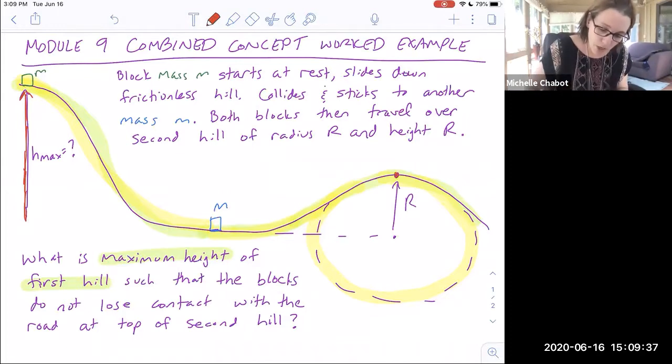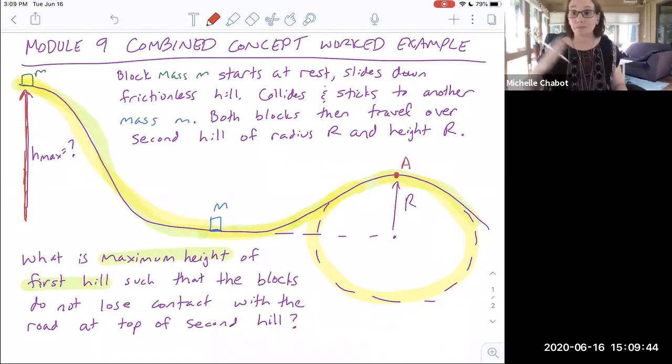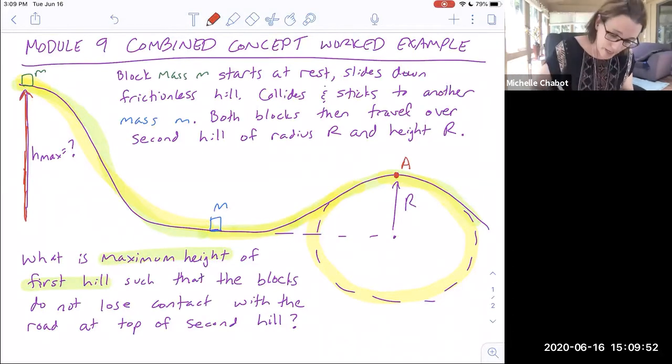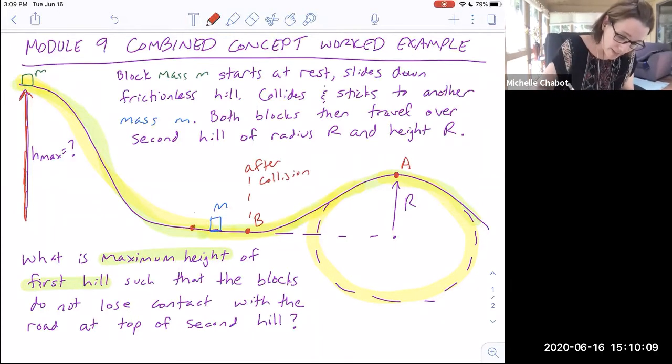Because I'm going to work backwards, towards what I want to find and starting with what I know, I'm going to label my point over on the right as, say, point A. In terms of dividing this into our concepts, I'm going to have a point after the collision, so this is after my collision at B. And then I have to have a point before the collision, so I'm going to call that C. That's before the collision.